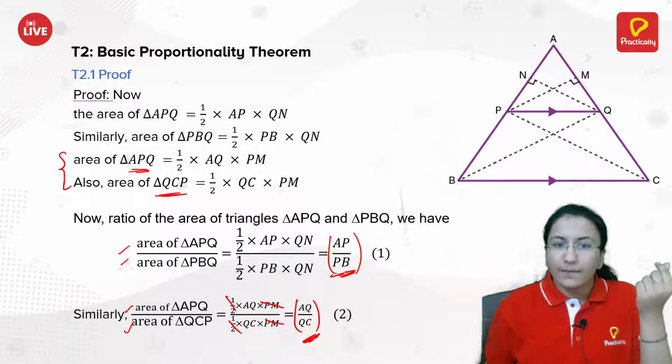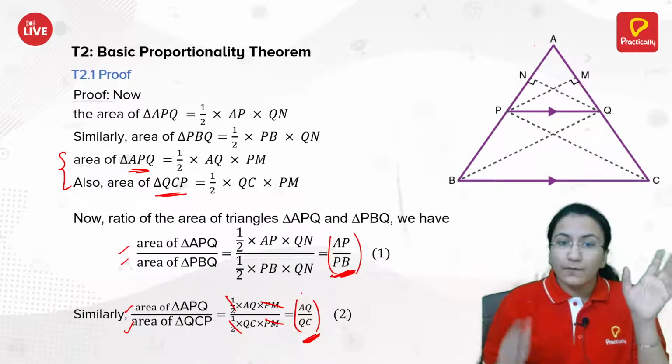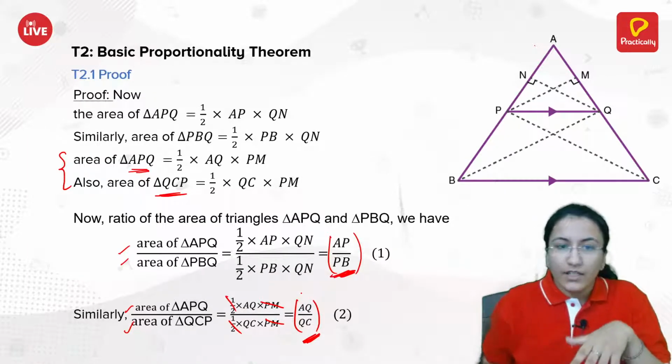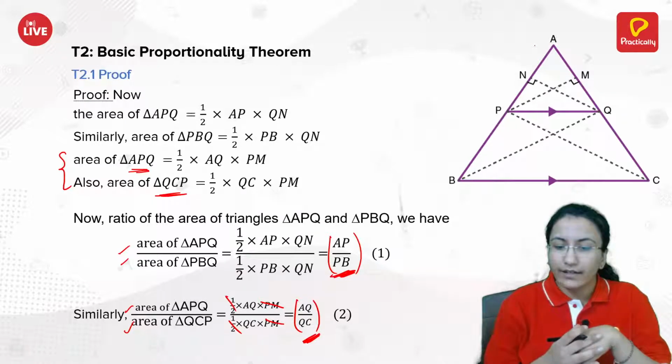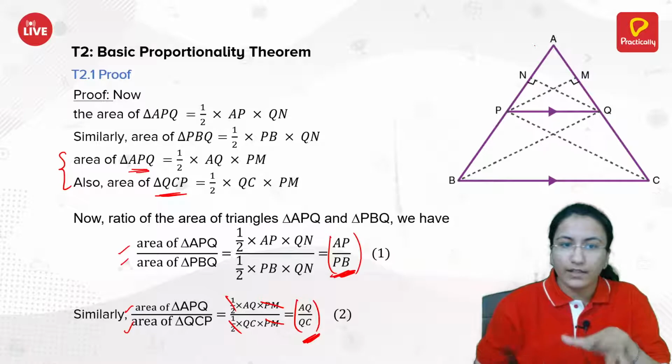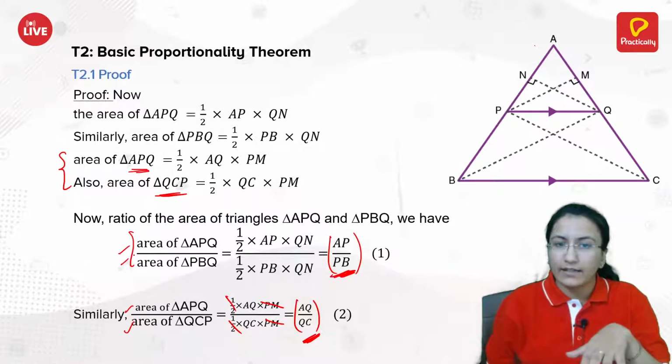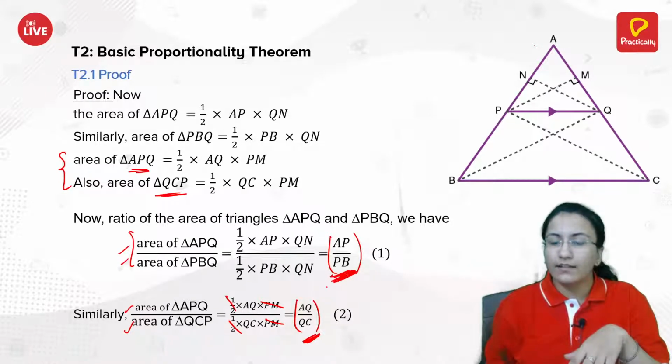The ones I am marking right now are the actual result of BPT. So we have recreated the result by using these area formulas, relating these areas, and we have recreated this ratio.